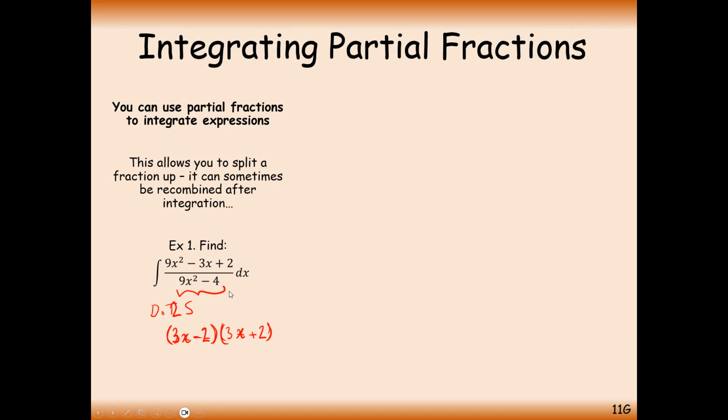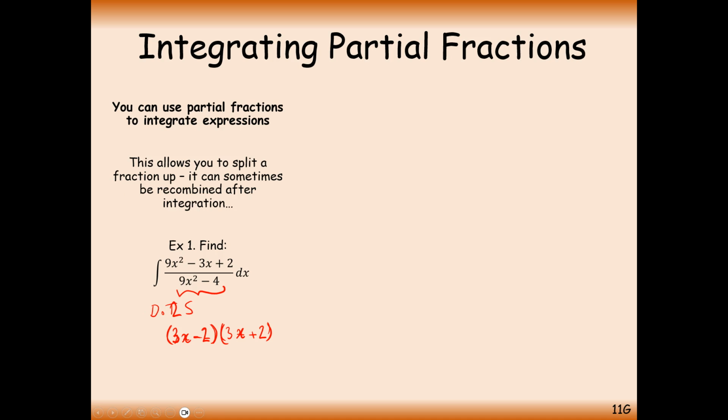Because at the minute it's not easy to break up 9x squared minus 3x plus 2. These polynomials have the same power, and actually the coefficient is the same as well. So we cannot simply go into partial fractions directly.